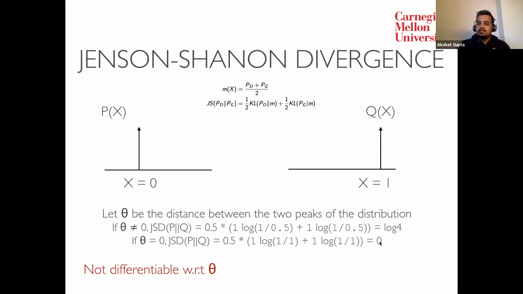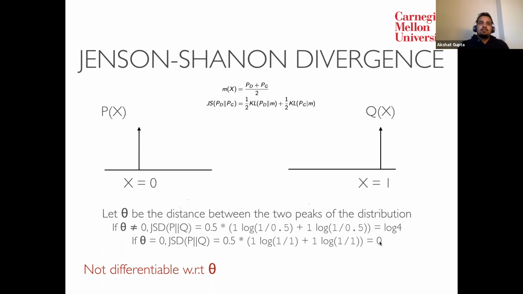If they overlap, the JSD is 0. So this in some sense is better than KL because our entire thing does not blow up like crazy. But again, the same problem still persists. If the peaks are 10 units apart or 20 units apart or 5 units apart, we don't get that information by calculating the Jensen-Shannon divergence, because for all of those cases, the value would be log 4.